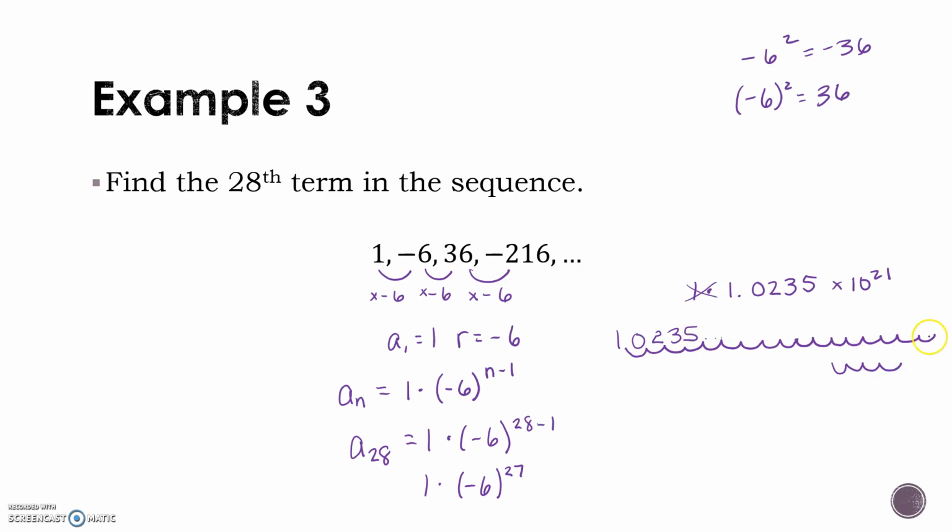So those would all be zeros. So if you want to write it like that, you can, filling in each of those spots with a 0. But this would be an absolutely fine answer there.